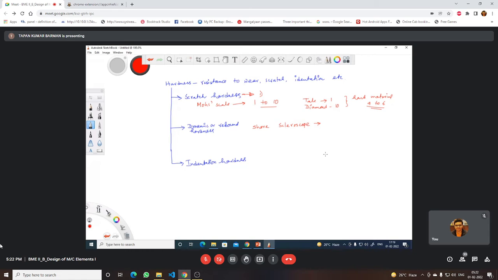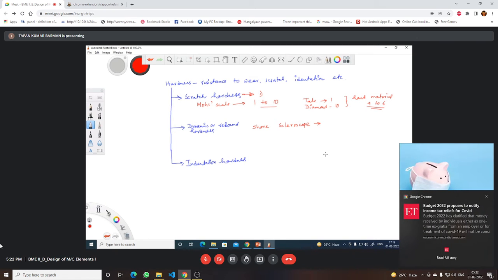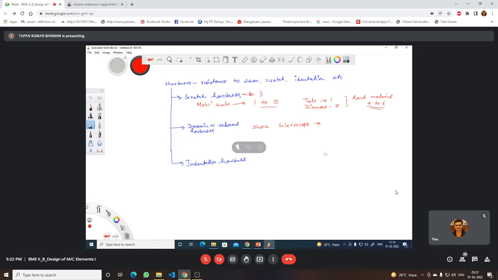So there should be one indenter, and using that indenter, we'll try to deform the specimen with a certain load as specified by the standard for that particular test. And from there, we'll try to calculate the hardness value of the material.